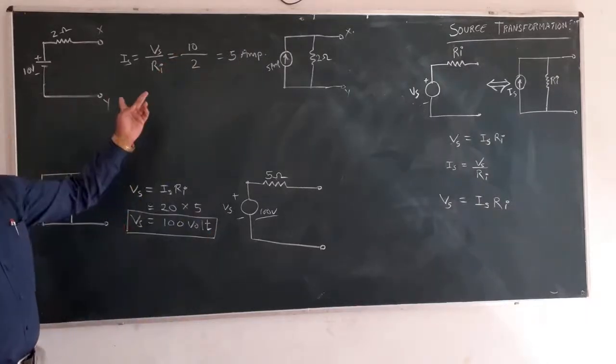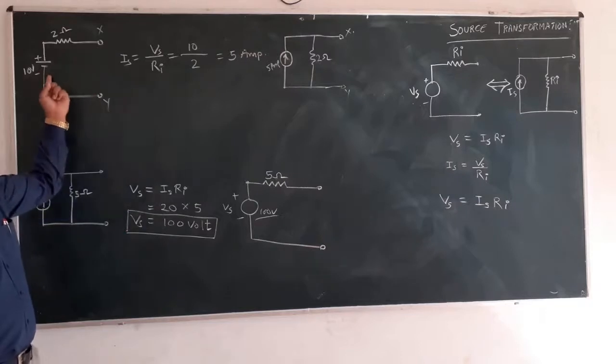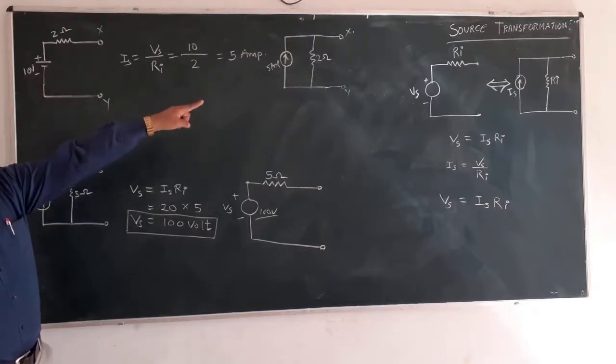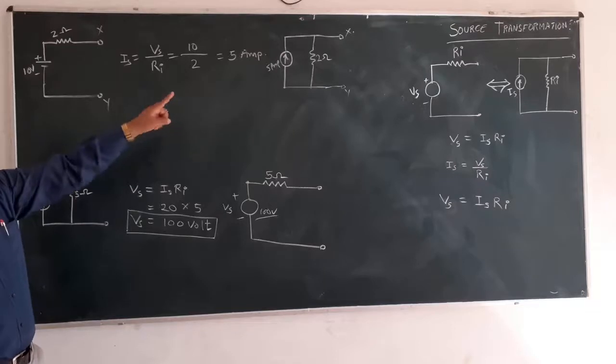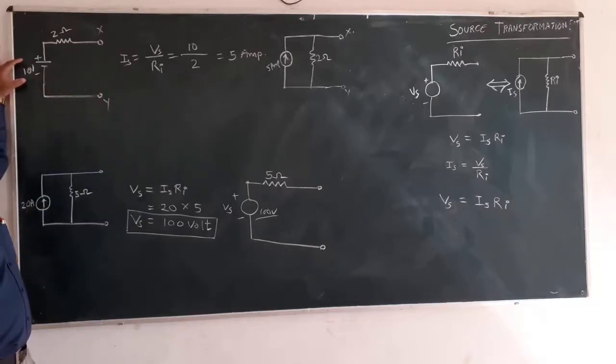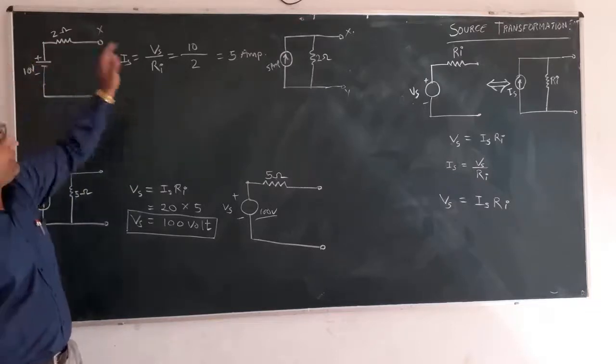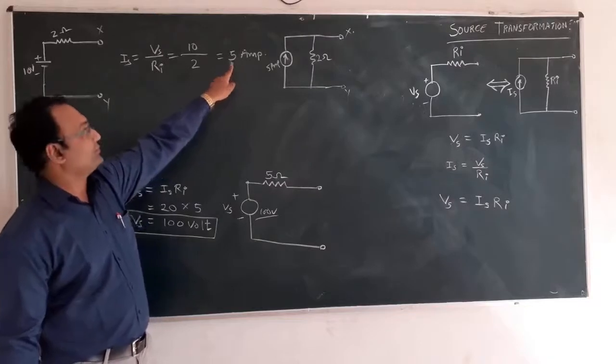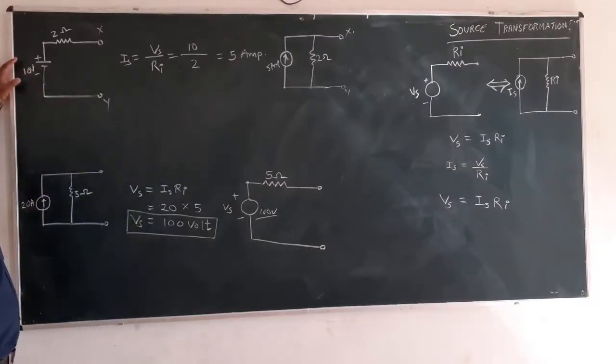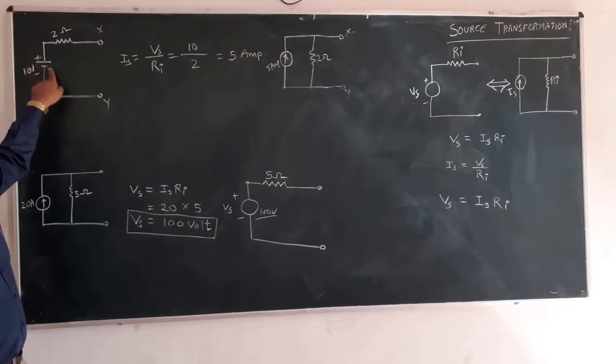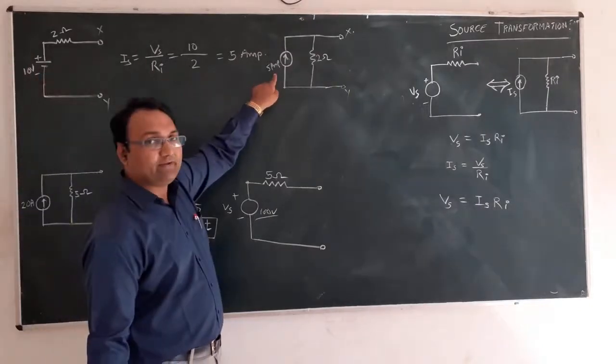Now we have to see how we can convert this diagram into an equivalent current source diagram. We have converted this 10 volt voltage source into a 5 ampere current source. So we have to replace this 10 volt voltage source by a 5 ampere current source.